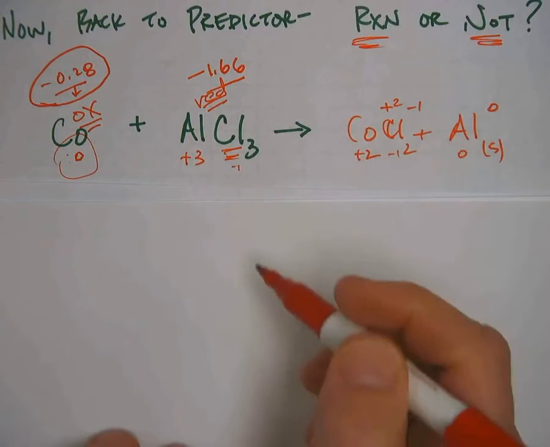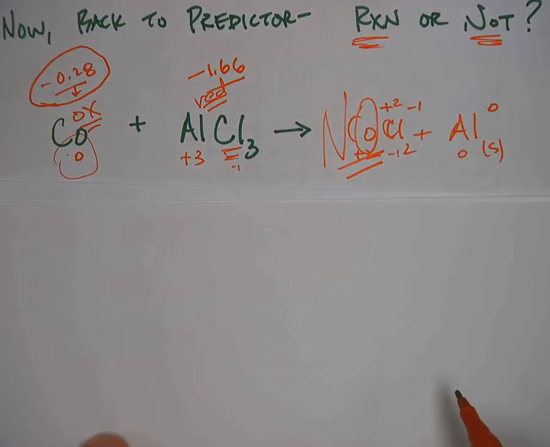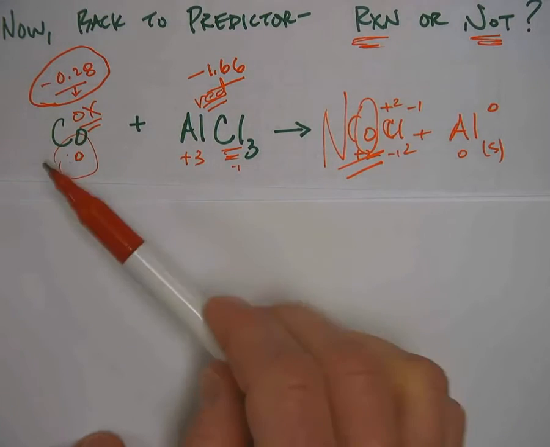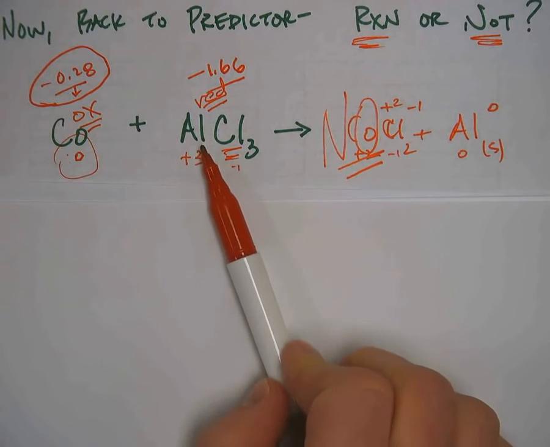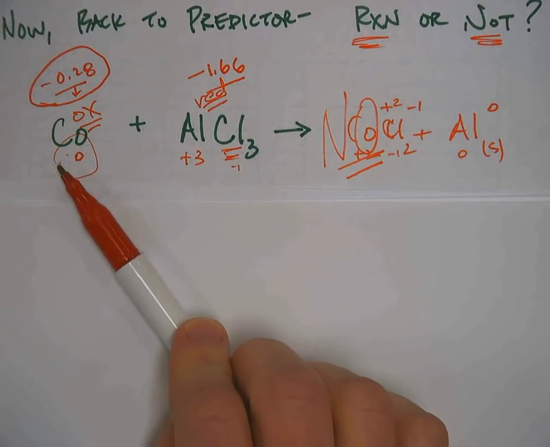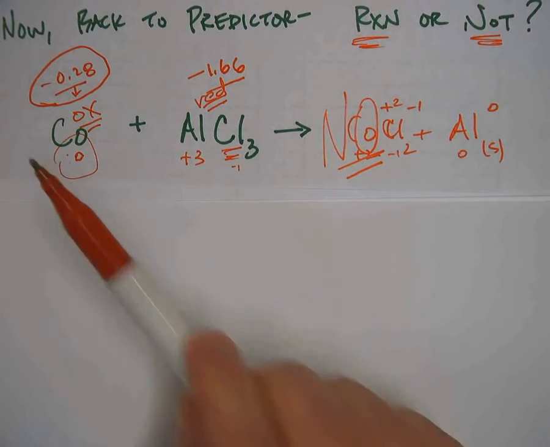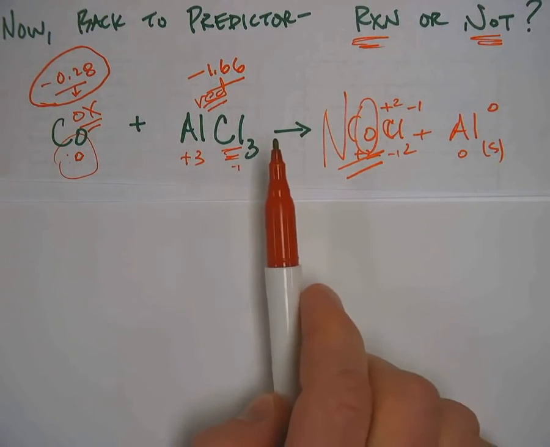So the answer to this one is no. The reaction cannot occur because cobalt cannot be a good enough reducing agent, or conversely, aluminum isn't a good enough oxidizing agent to cause cobalt to be oxidized, or conversely, aluminum to be reduced.